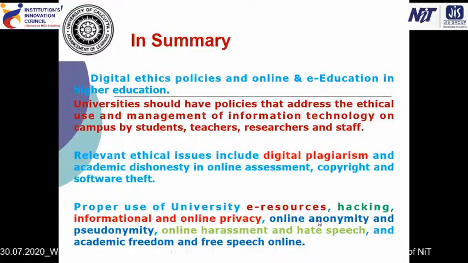The university or higher education body should ensure secure internet, secure intellectual property, secure processing, and secure governance for all stakeholders. The relevant ethical issues include digital plagiarism and academic dishonesty, online assessment, copyright, and software theft also. Copyright and software theft are also part of the enforcement of intellectual property. This is a violation of intellectual property copyright.